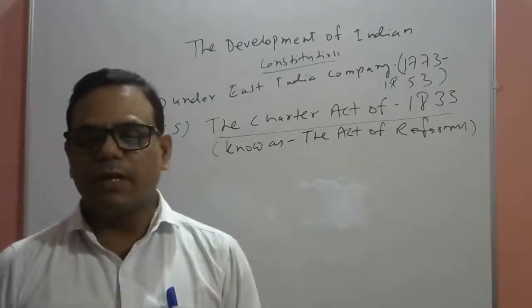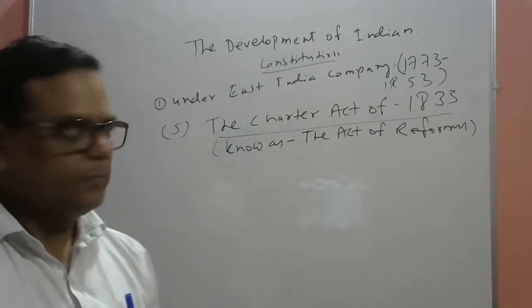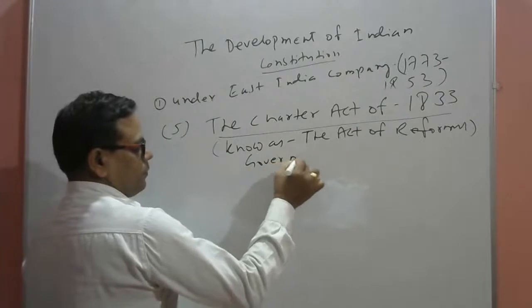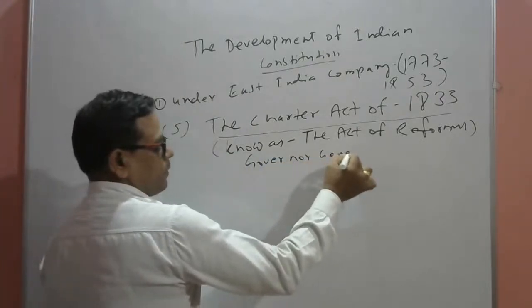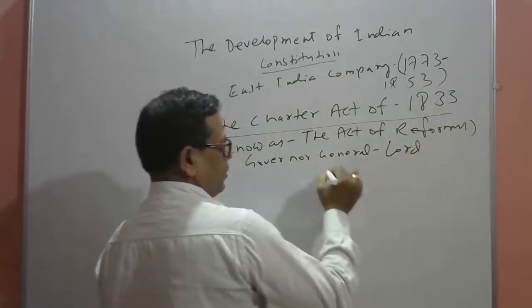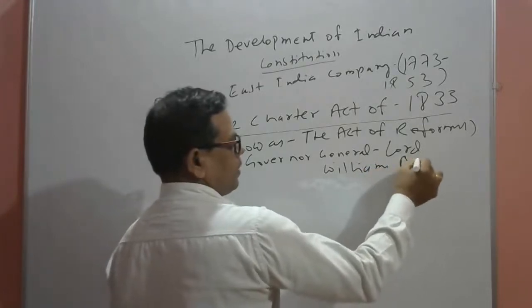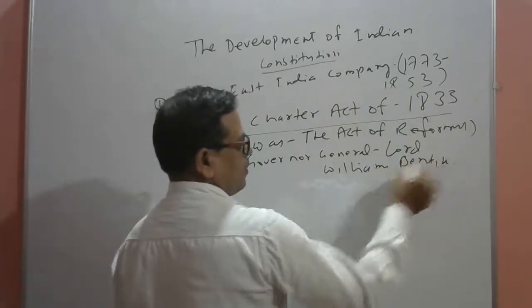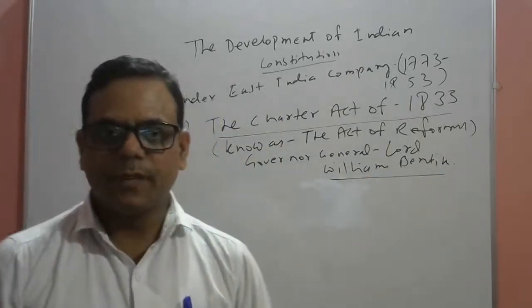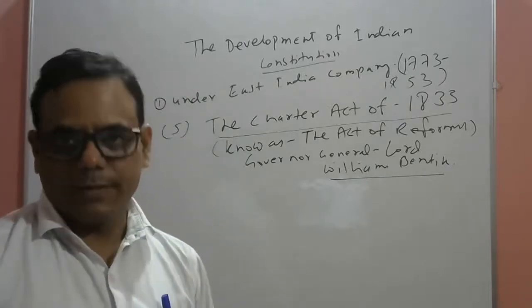This act has been known as the Act of Reforms, and at this time Governor General was Lord William Bentinck. Lord William Bentinck was the Governor General when this act has been passed by British Parliament.